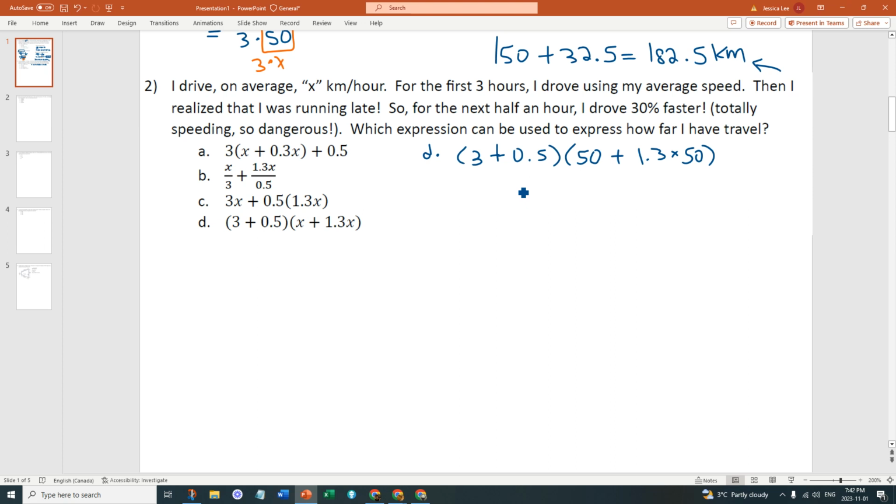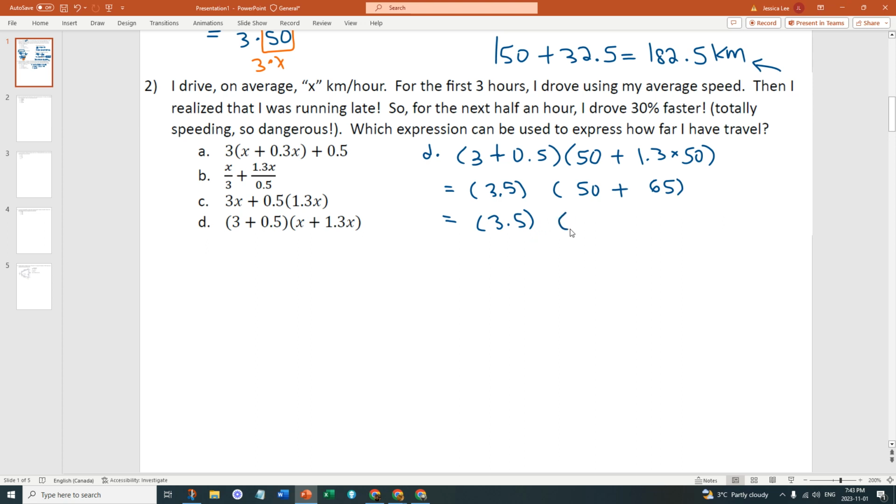Order of operations tells me that I need to do the bracket first. The first bracket was 3 plus 0.5, and that gave me 3.5. The next bracket, I have a plus and a multiplication. I will need to do the multiplication first. So 1.3 times 50, if you do that in your calculator, gives you 65. Then I still need to do the addition from the second bracket.